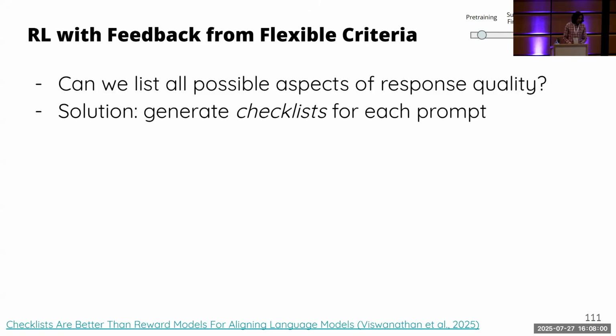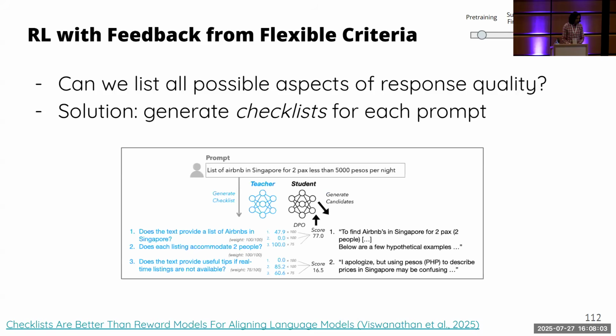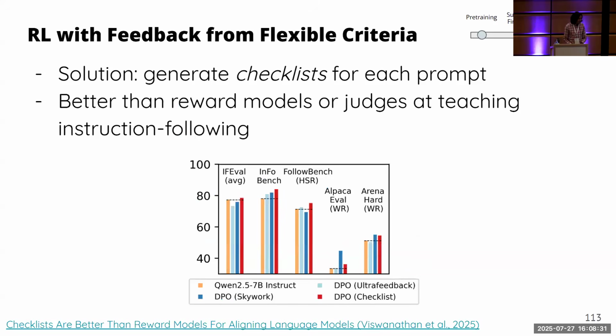So a solution that we've described in a very recently posted paper is to generate checklists for each prompt, where through a slightly intricate mechanism, we extract a checklist for a prompt, and then we ask a separate judge model to score each response on each checklist item. And we do the scoring using a combination of a language model judge or verifier code, if that can be generated. And then we can use this to aggregate a single score for that response.